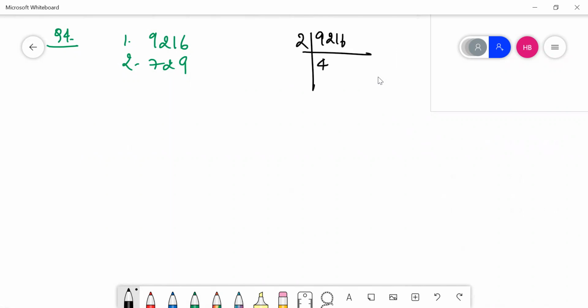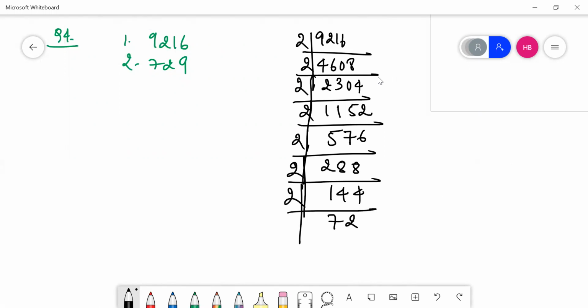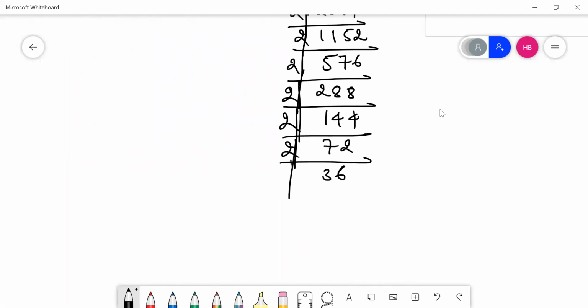9216. Dividing by 2 repeatedly, we keep getting even numbers, so it can be divided by 2 again and again. Again, the last digit is even, so it is divisible by 2.